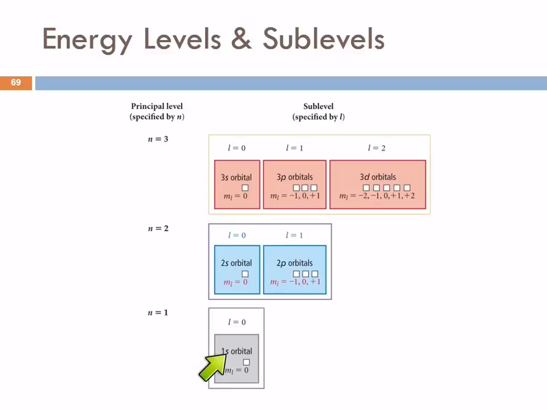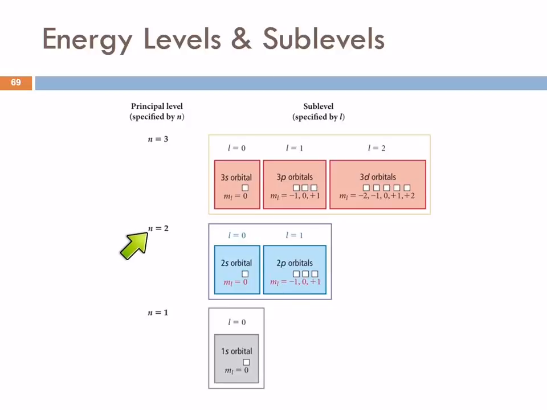That tells us that we have an s orbital. For L equals 0, the only possible value of m sub L is 0, since m sub L ranges from minus L to plus L. So there is one s orbital. As we'll find in a couple slides, you can put 2 electrons in that orbital, one with positive spin and one with negative spin, and they're each going to have their own set of quantum numbers.